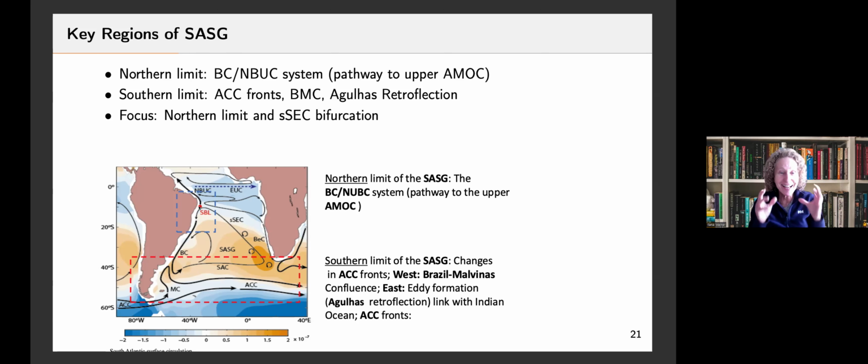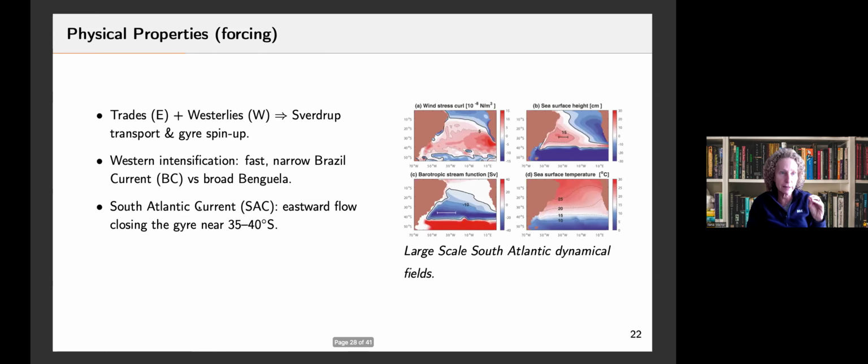So I guess you can see how complex this circulation is and how much heat is going around here. Part of it, you have to think, is interacting with the atmosphere and will contribute to the forming and the changes of the precip on either side of the Atlantic.